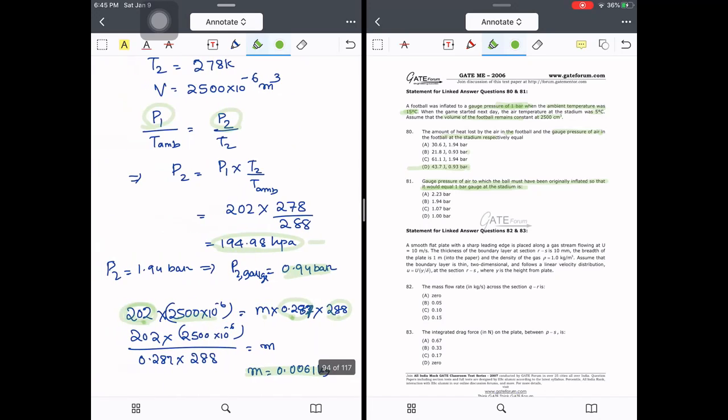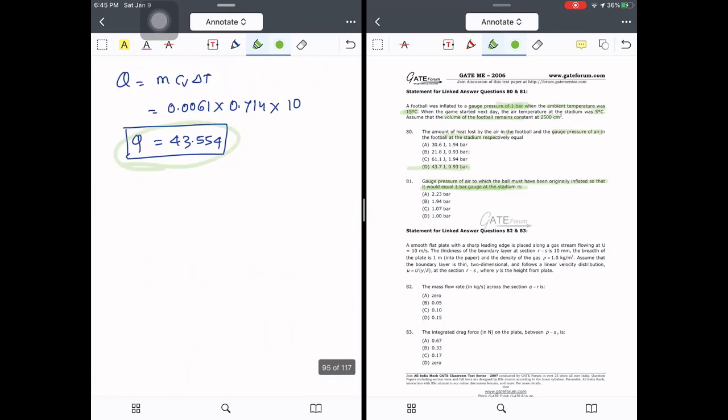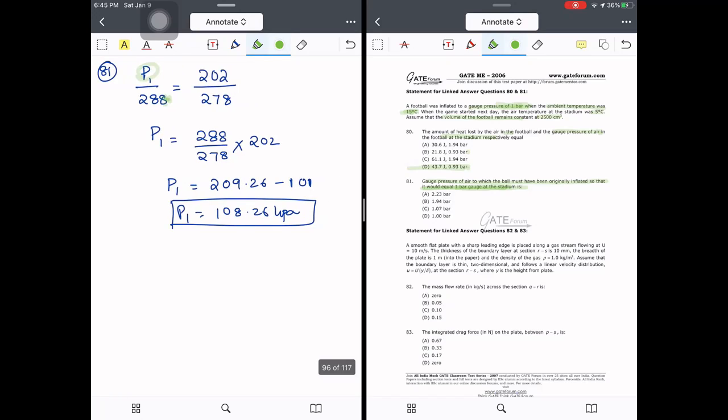Now, it was inflated to how much? I think I have calculated here 1.94 bar. Sorry, they have given that the final pressure should be 1 bar gauge pressure. 1 bar gauge pressure means 2 into 101.325, which is approximately 202.